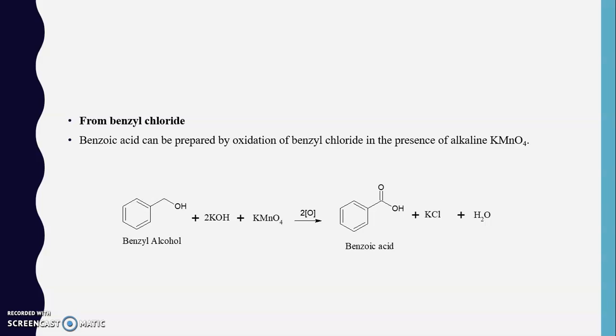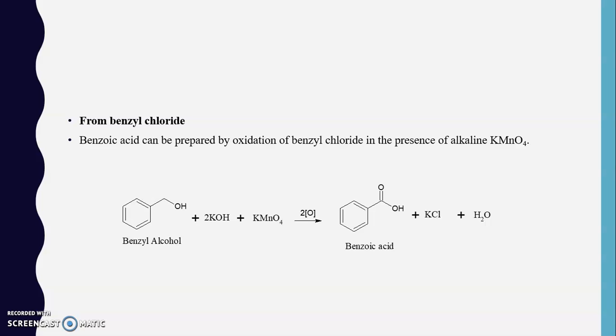So phenyl magnesium bromide can be easily converted into the carboxylic acids. After that, the next method that we have seen is from hydrolysis of nitriles, where nitriles, which are also known as the cyanides, when they undergo acidic hydrolysis, are converted into the benzoic acid.